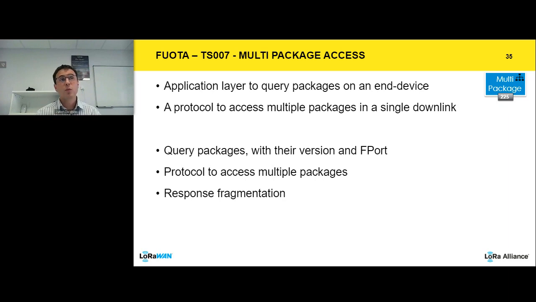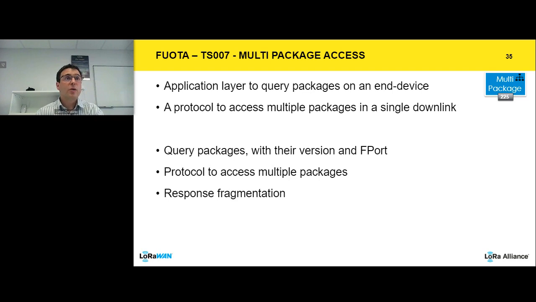And one thing which is tackled by this specification is response fragmentation, because there are some regions in LoRaWAN where the uplink payload size is actually much shorter than the downlink one. So if the query is too large, then the response might be fragmented. So there are some mechanisms here to help with the fragmentation of the response.